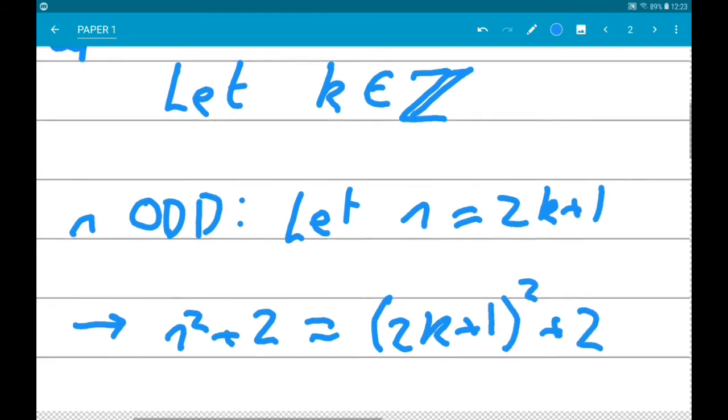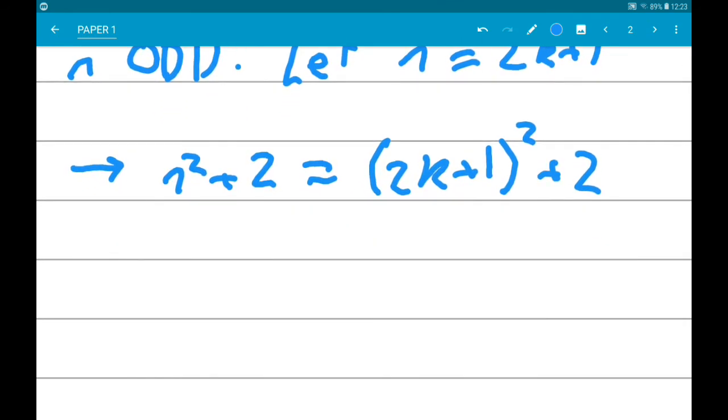Now that is 4k squared add 4k add 1 add 2, which on a good day is 3.